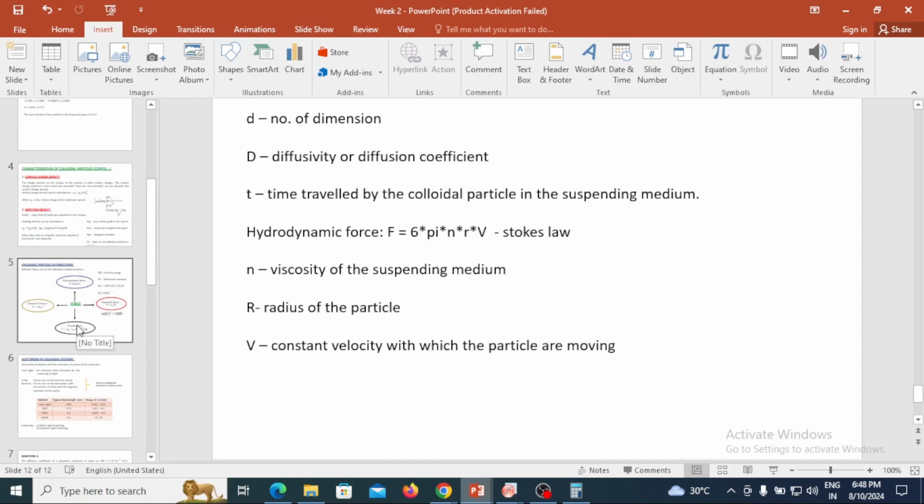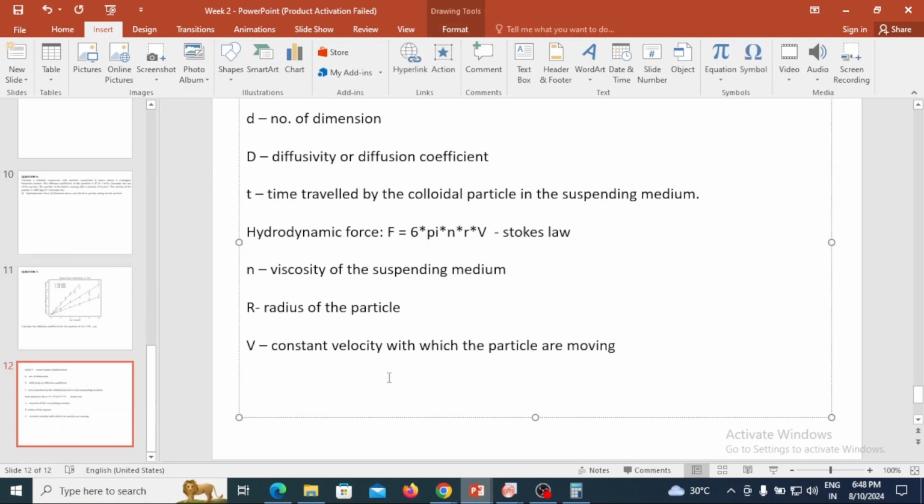Using Stokes' law and Einstein's law, we get the Stokes-Einstein relationship, which is D equals kBT divided by 6 pi eta r.